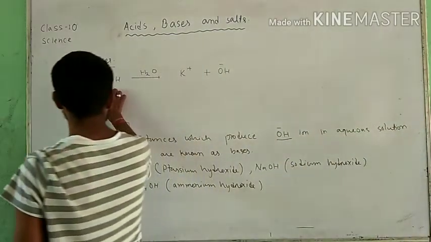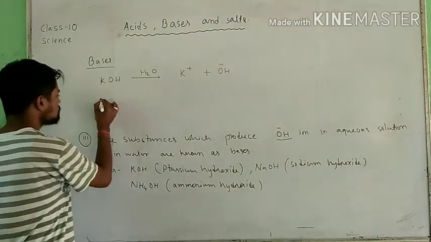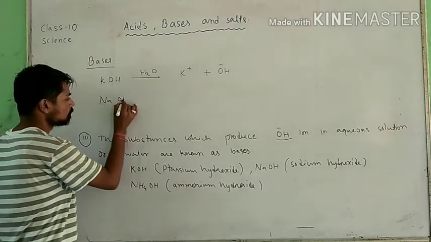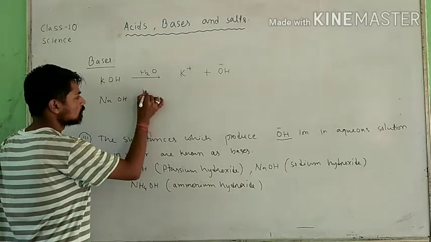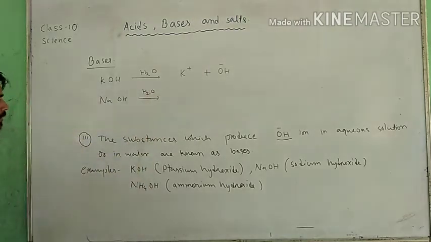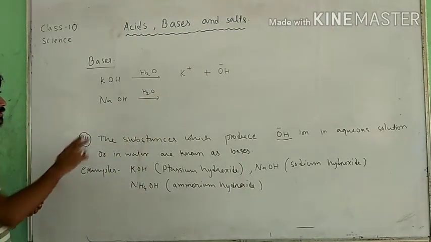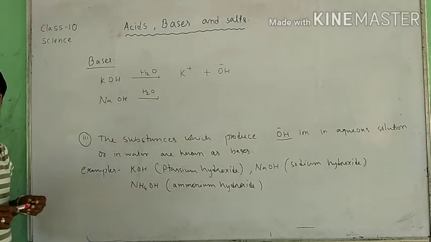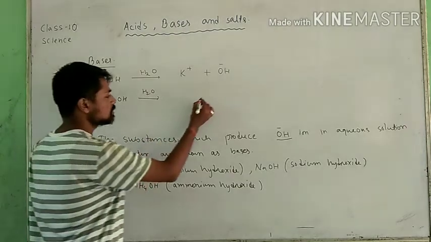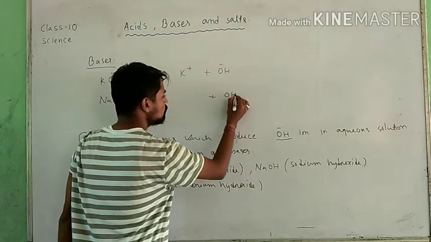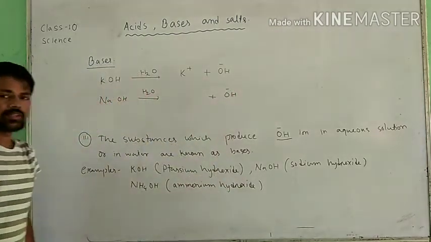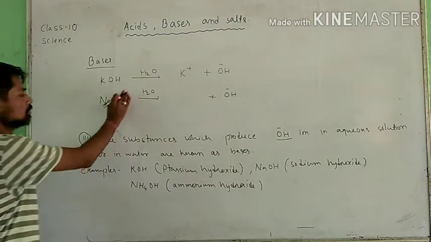Let us see what happens in the case of NaOH. Here the substances are sodium and another part is hydroxide. Since it is a base, it must produce one OH negative ion. Now what is the remaining part?